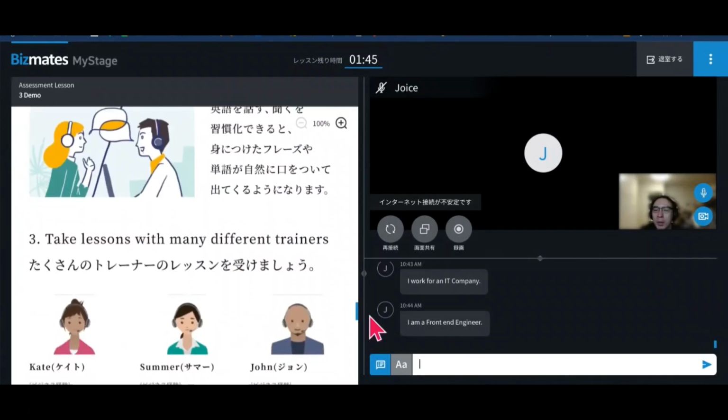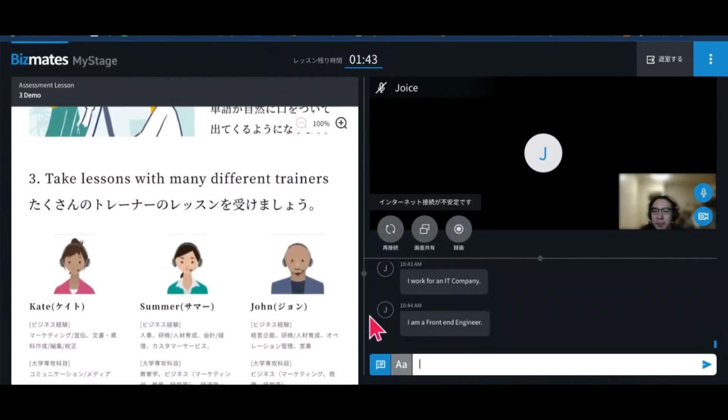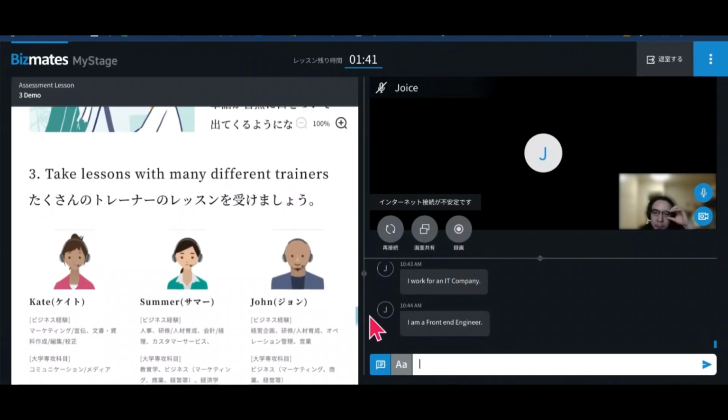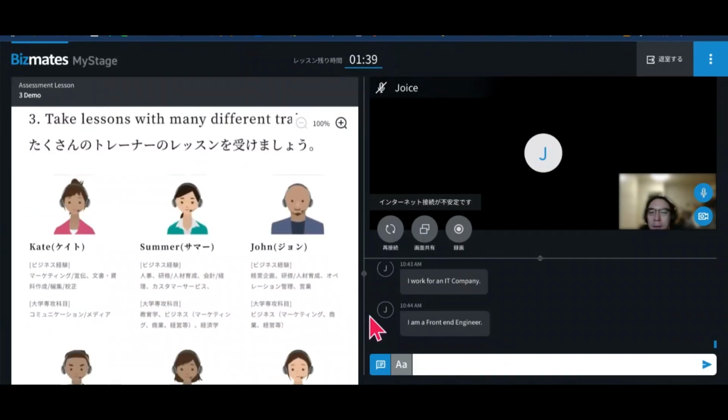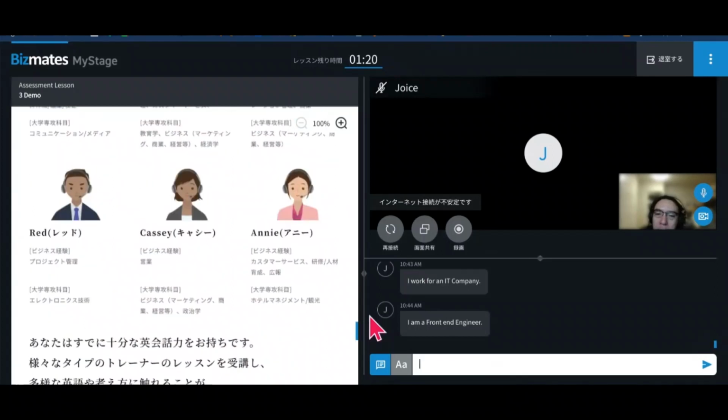And third is take lessons with many different trainers. Here in Bizmates, we have a lot of different types of trainers. Of course, as clients, you have different ways of learning, right? And here in Bizmates, the trainers also have different ways of teaching.